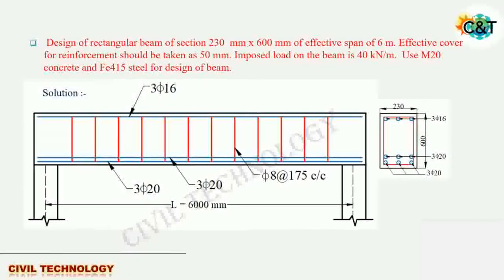So this way we can give the detailing. For our tension reinforcement, that is the bottom reinforcement, it is 6 numbers of 20 mm dia that we provide in 2 layers. Top reinforcement we calculated 3 numbers of 16 mm dia, so we can provide a single layer, and the stirrup we can provide as 8 mm dia 2 leg, 175 center to center spacing.